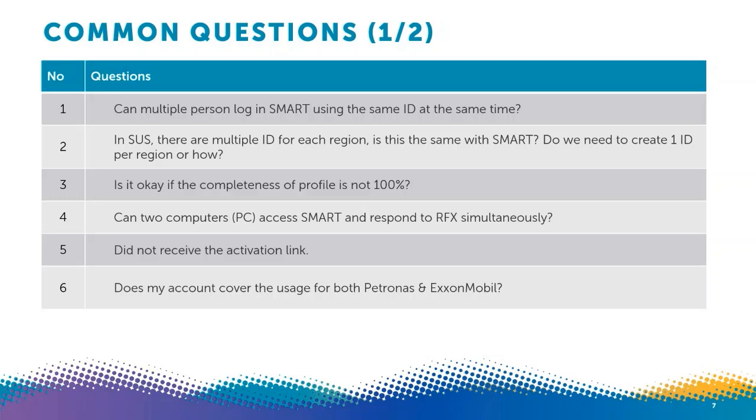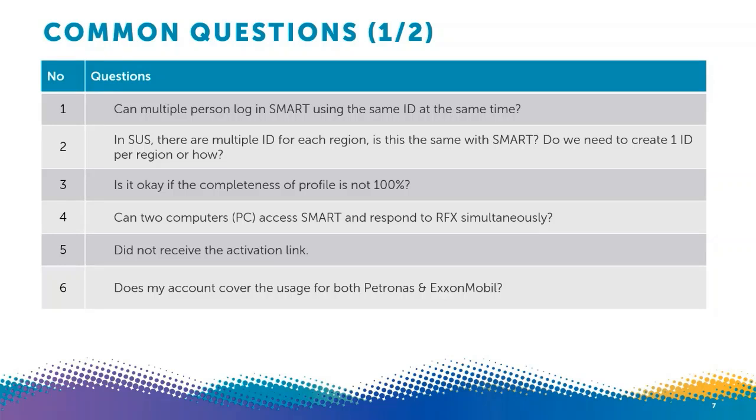So if you have an HQ in Kuala Lumpur, and then you have two branches, one in Sabah and another in Johor, I'm sure you have a lot more employees and colleagues who are going to log in to Smart to perform their daily activities.